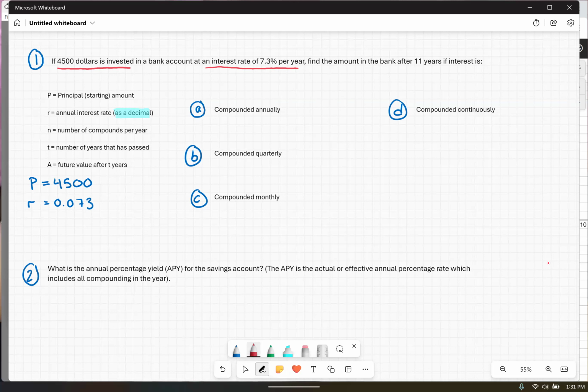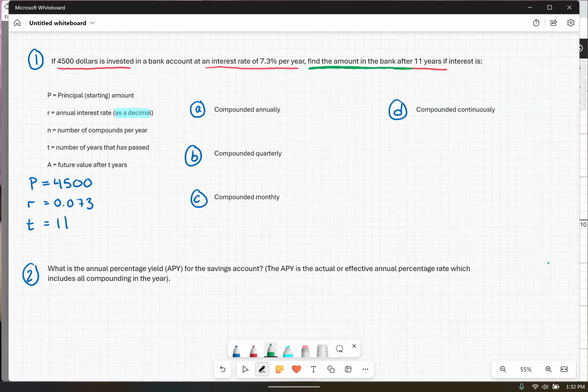Okay. Then we've got: find the amount in the bank after 11 years. Well, that's our time. After 11 years, so T is equal to 11. And what we're looking for, find the amount in the bank after. Let me include the word after in what I'm underlining in green, because it's the future amount, the future value after some time has passed.